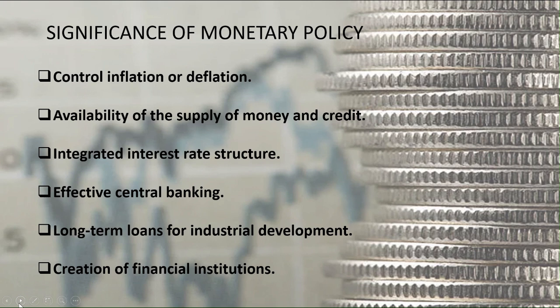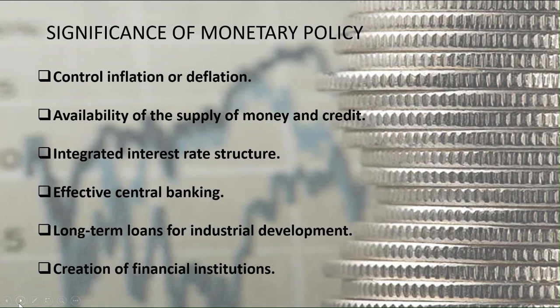Availability of supply of money and credit. This is about how much money and loans are available for spending. More money and easy loans can boost the economy but might cause inflation. Less money and hard to get loans can slow down the economy. Central banks adjust this to keep things balanced.